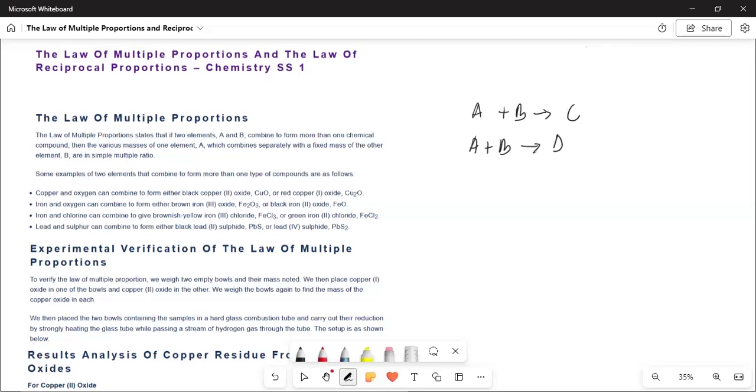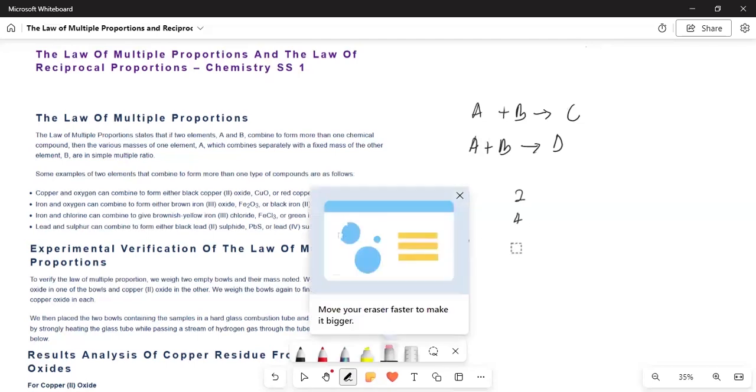Now, when we say simple multiple ratio, what does it mean? For example, if you have 1 gram of copper in one of the oxides, then the other one should be 2 grams. If you have 2 in one, the other one should be 4. If you have 3 in one, the other one should be 6. That is what they mean by simple multiple ratio.